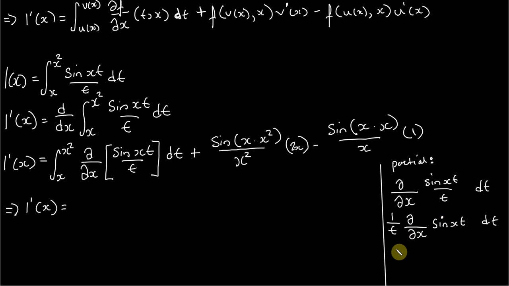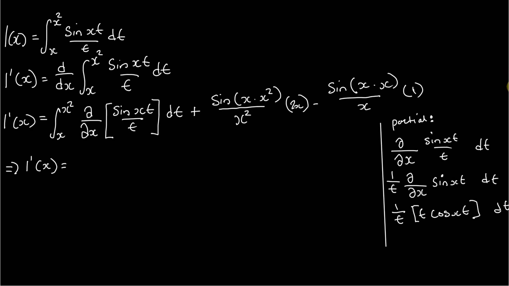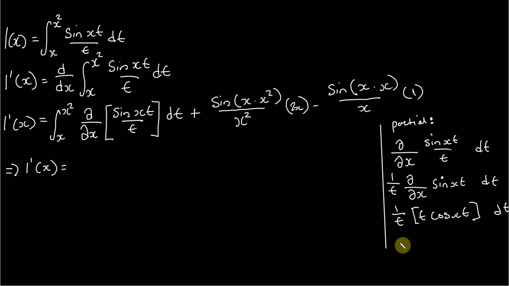So what we end up with is 1 over t, and it's going to be, maybe I'll bracket this, t cos xt. Okay, so we've taken our partial. This is also the same as writing it, if I scroll down a little bit more, this is also the same as writing it.